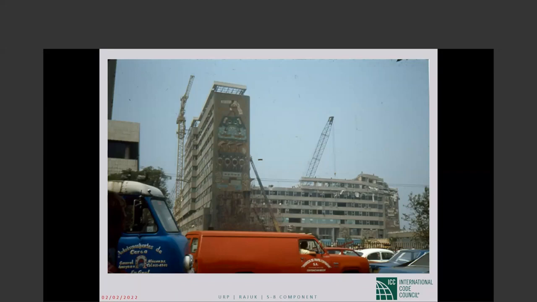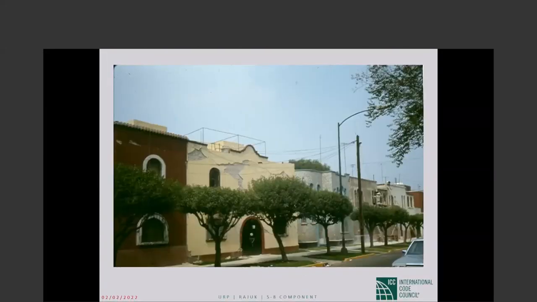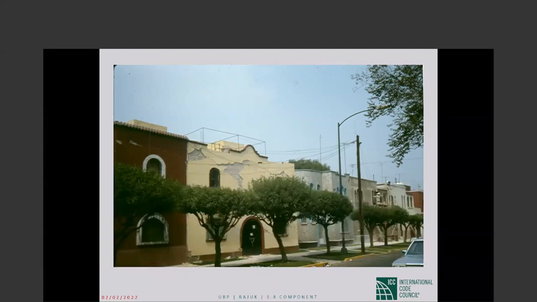By contrast, these colonial buildings are probably, how should I say, the construction may or may not have been ideal. Anyway, because of their short height, nothing happened to these buildings except for some flaking of plaster.